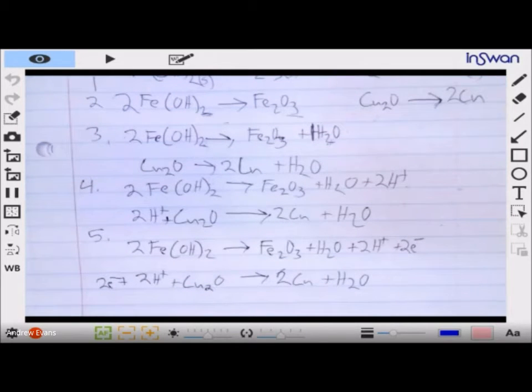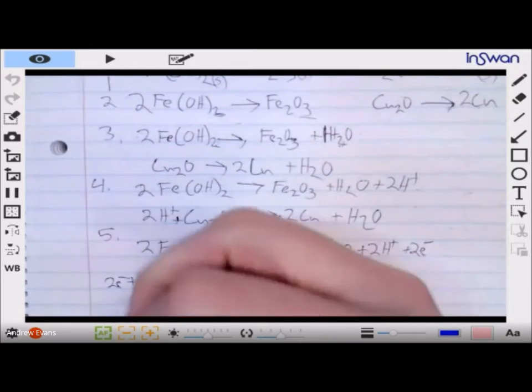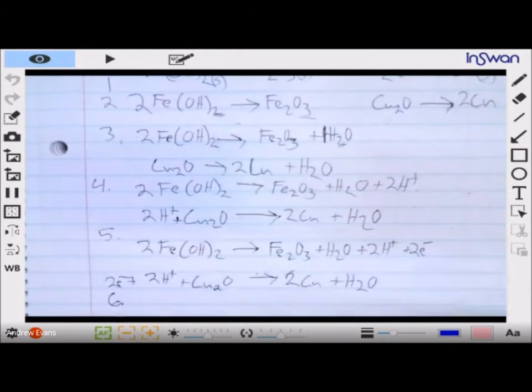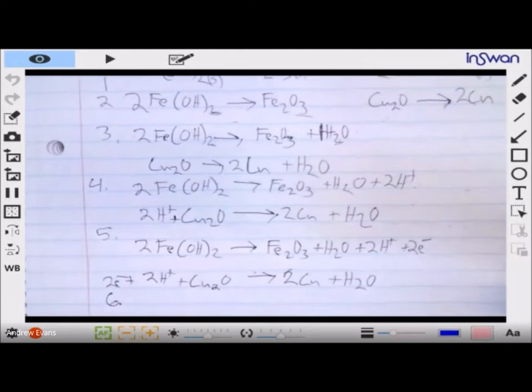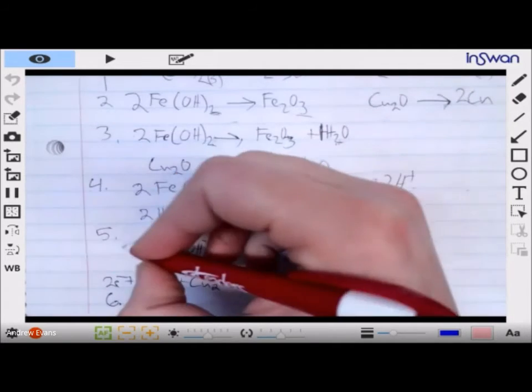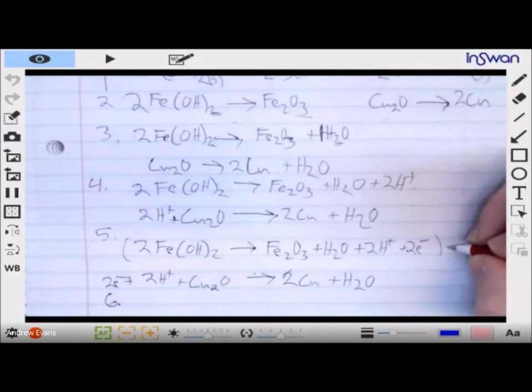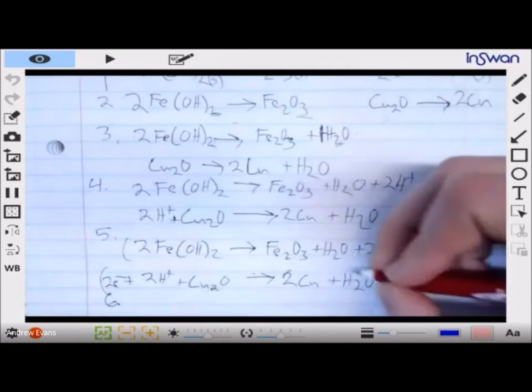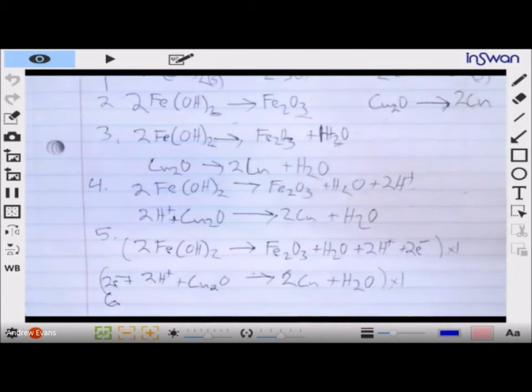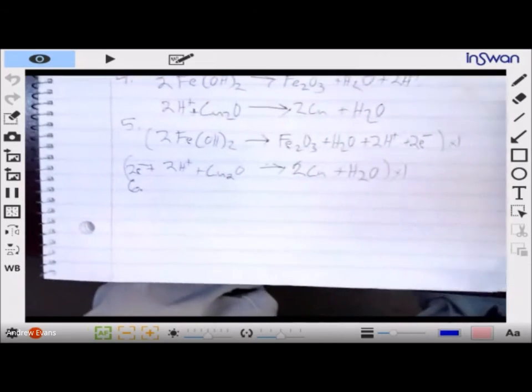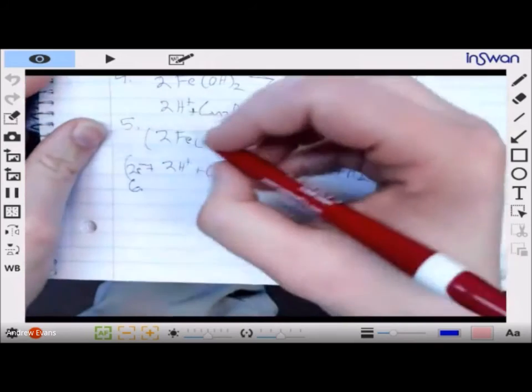Now, the last step, or second to last step, is you find the greatest common factor and multiply both equations by the greatest common factor so that the number of electrons lost equal the number of electrons gained. And then you add the equations together. So 2 and 2, the greatest common factor would be 2, so I'm multiplying both sides by 1. So when I add these guys together, I don't have to really do anything.